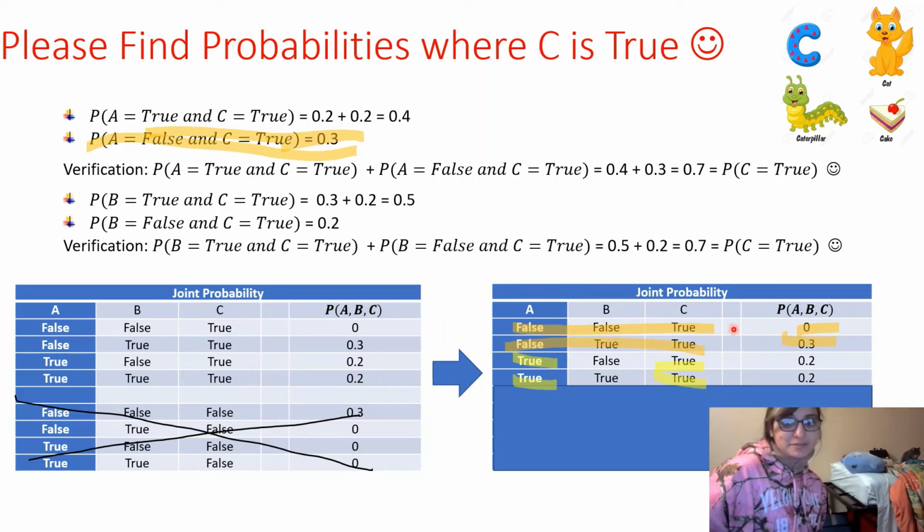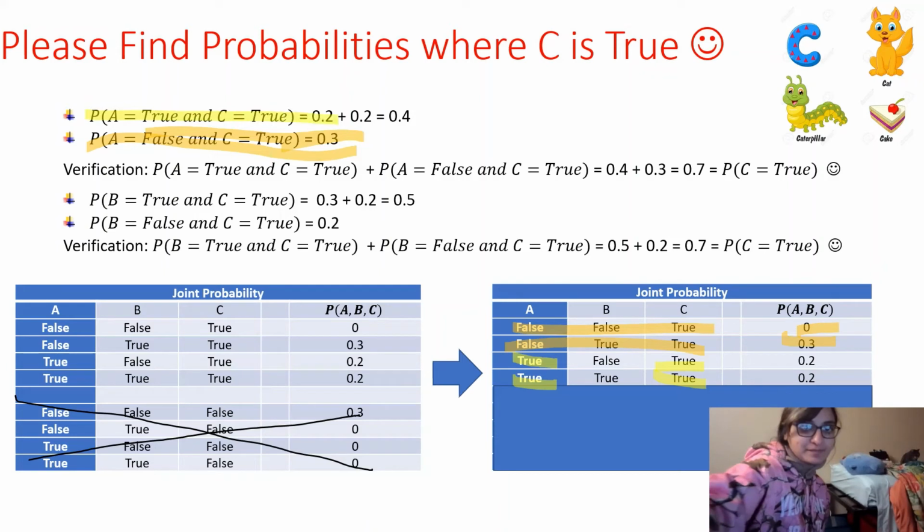So you see that we have these four outcomes that we have used. For A is true and C is true, we highlighted these two yellow ones here. And then for A is false and C is true, we have these orange ones here.